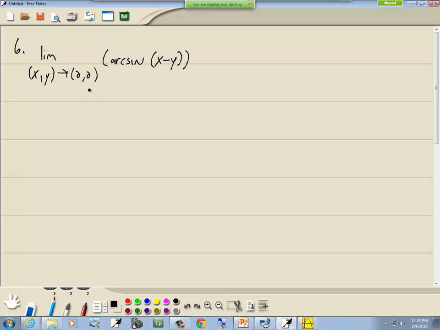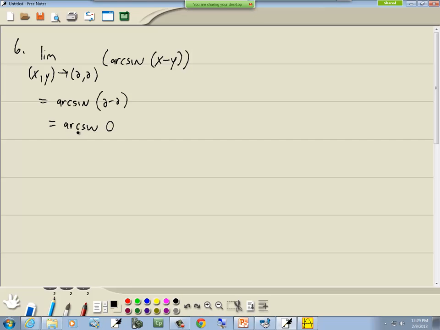Well, to find the limit, we'll plug this in for x, plug this in for y. So we have arcsine of 2 minus 2, which gives us arcsine of 0.